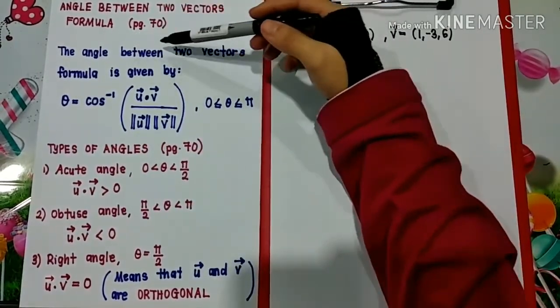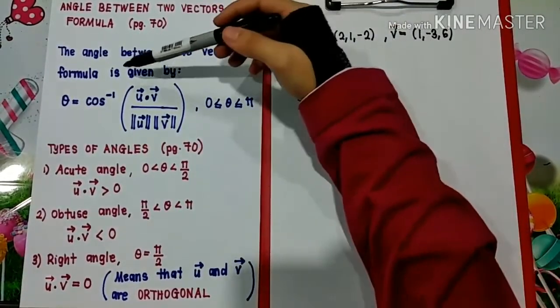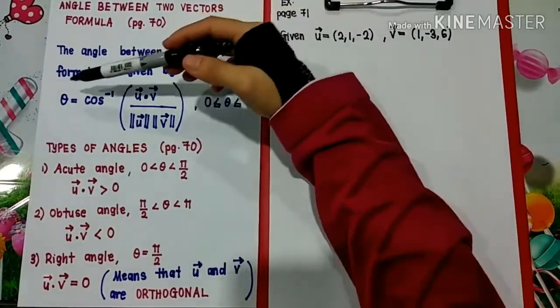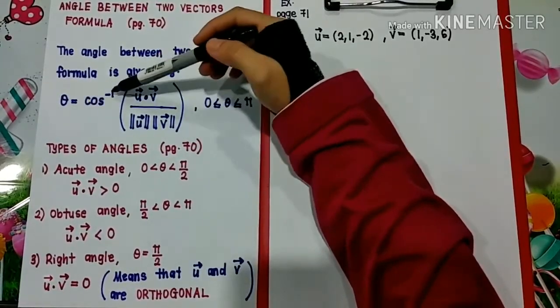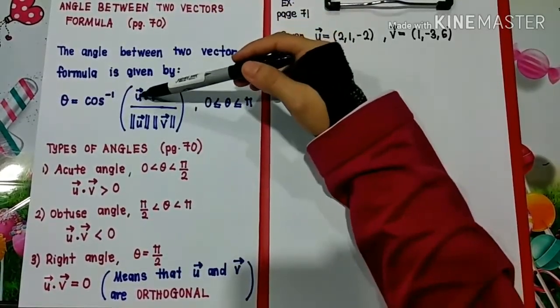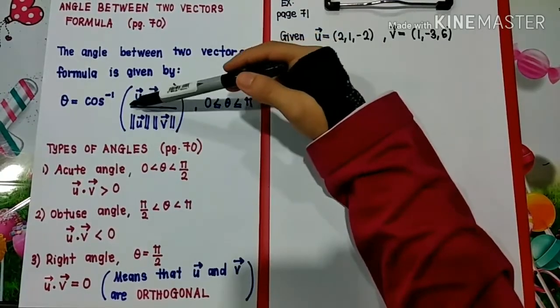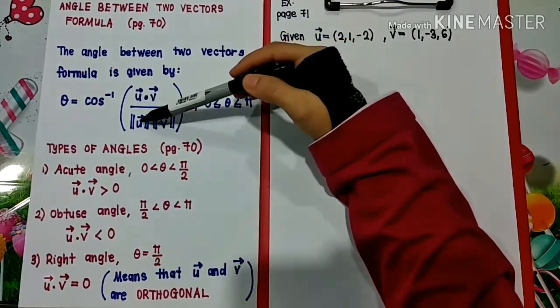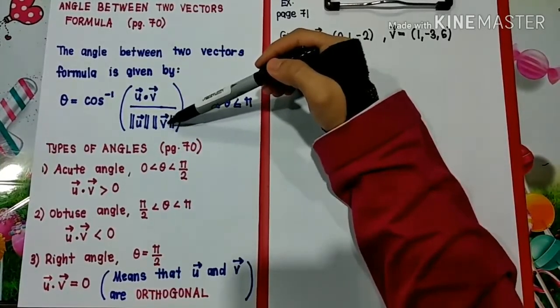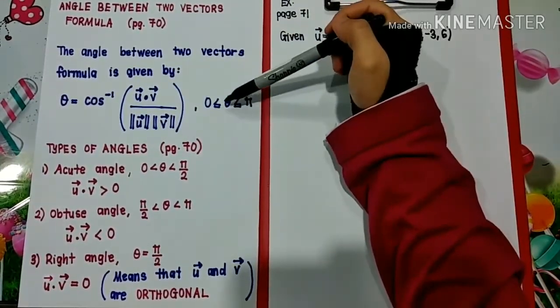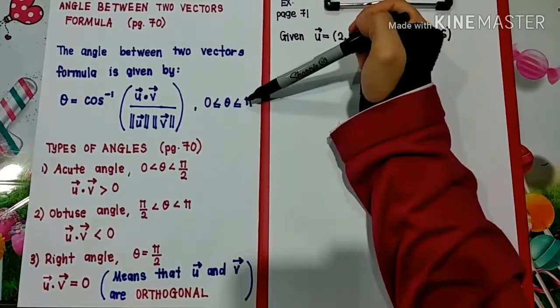The angle between two vectors is given by theta, which represents the angle. So theta equals arc cos of u dot v, divided by the magnitude of u multiplied by the magnitude of v. The angle here is between 0 and pi.